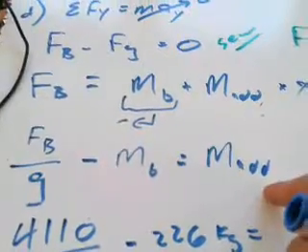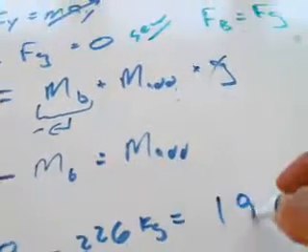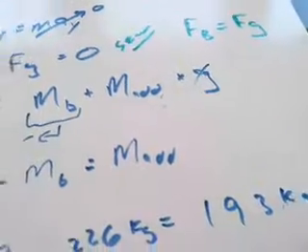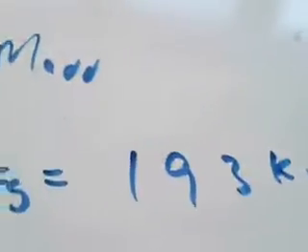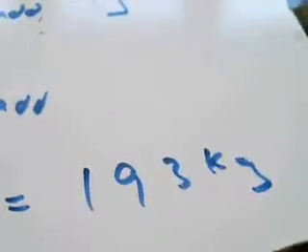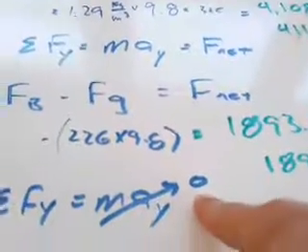That's the additional mass that I can add, and it turns out 193 kg is what it would take to add to that balloon to make it so that it won't rise, it won't fall, it'll just be there in the air.